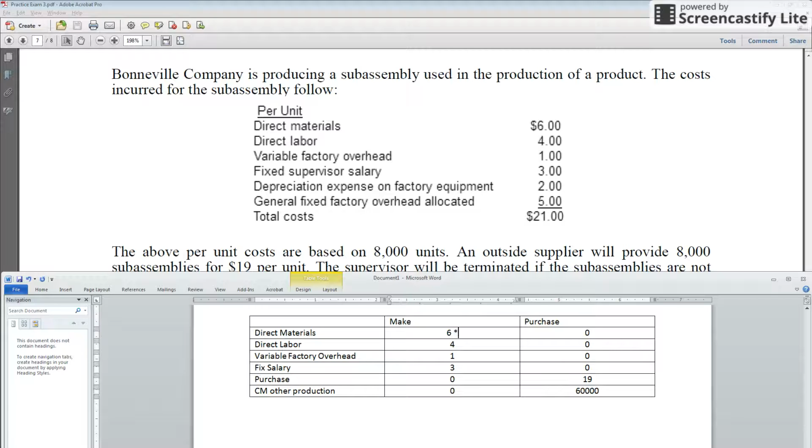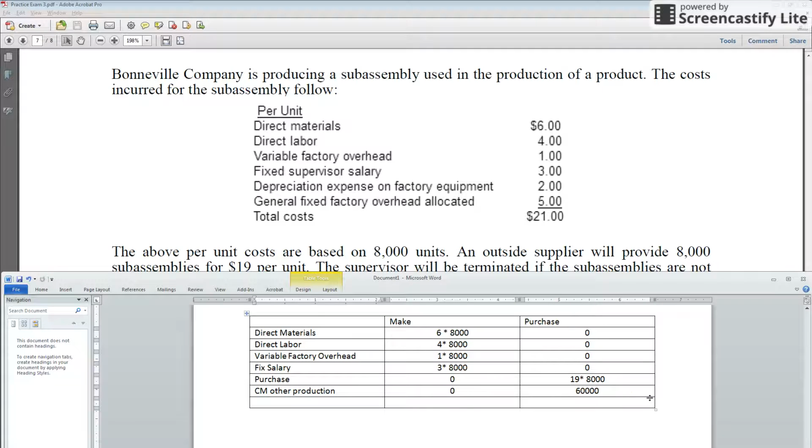So now we have to calculate the total of the direct material that we are avoiding, so it will multiply by 8,000. Everything in this column should be multiplied by 8,000, and even this number.